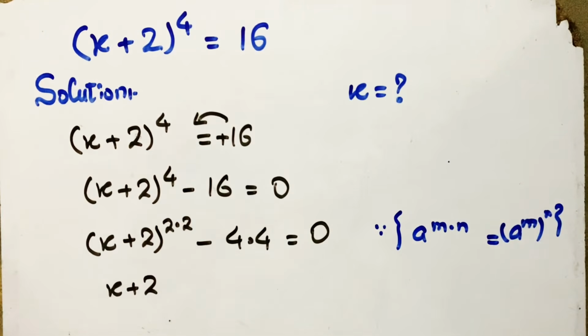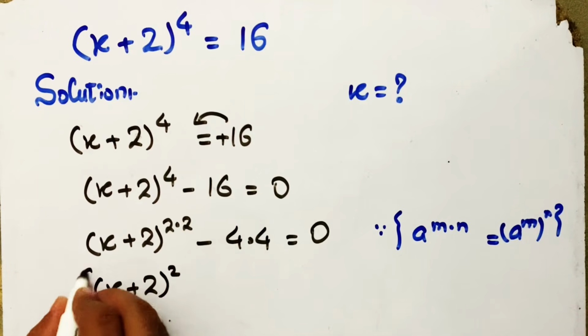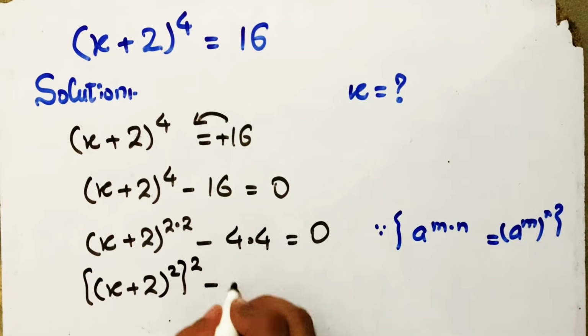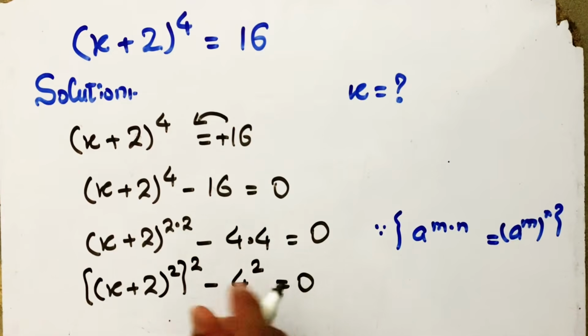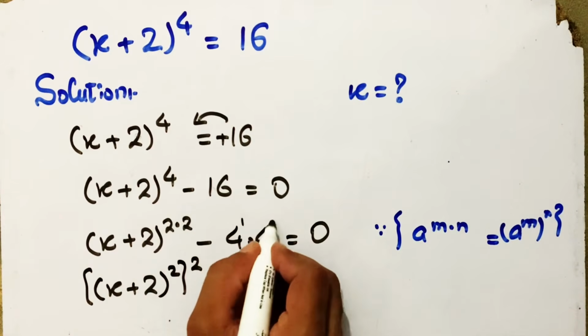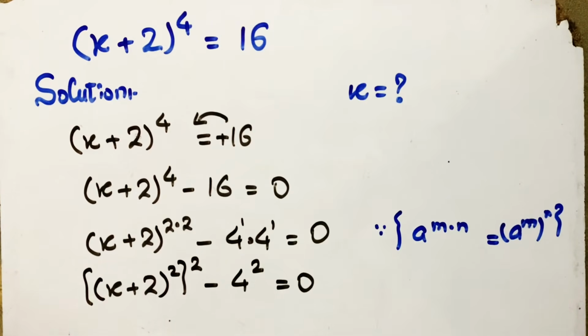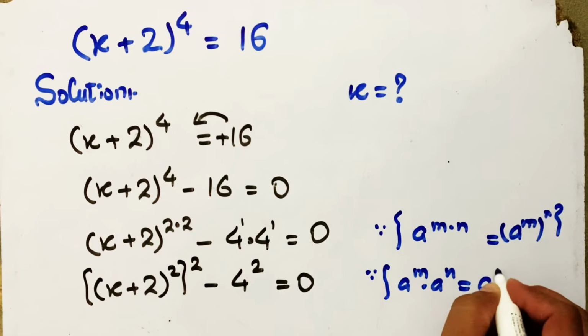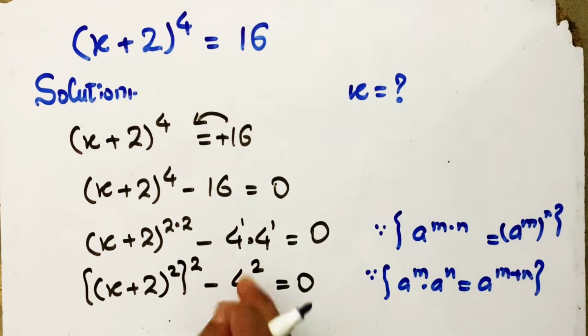So our equation becomes ((x + 2)^2)^2 - 4^2 = 0, because 4 into 4 is 4 squared. I am also using the product of power rule, where if a to the power of m and a to the power of n, the powers are added. So 1 plus 1 becomes 2.